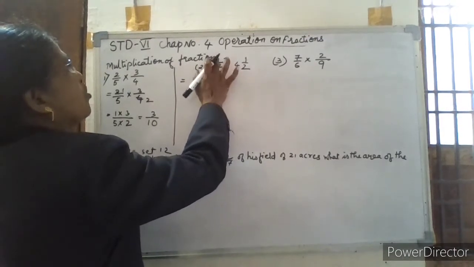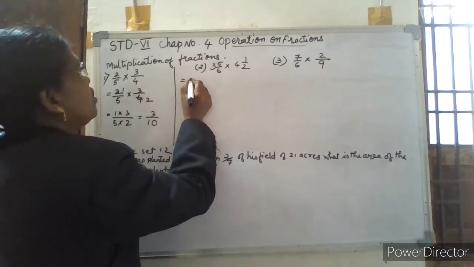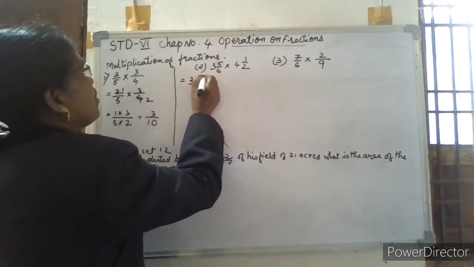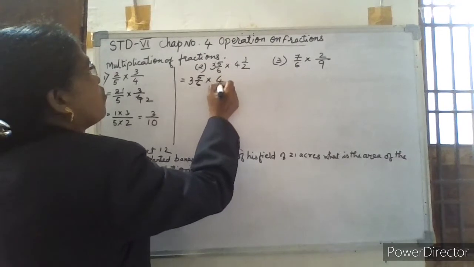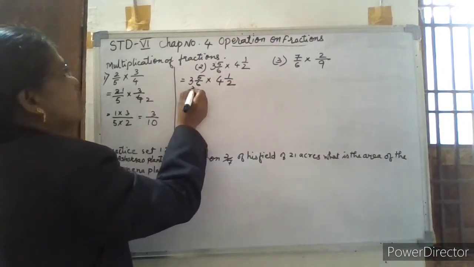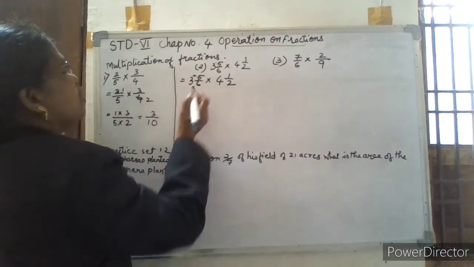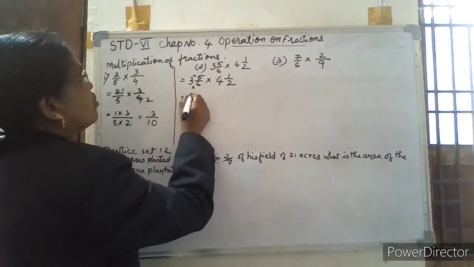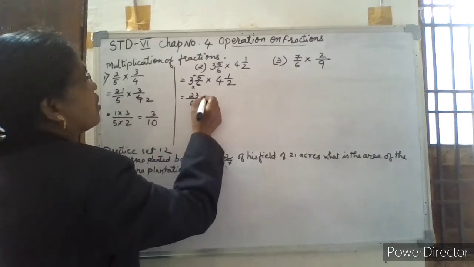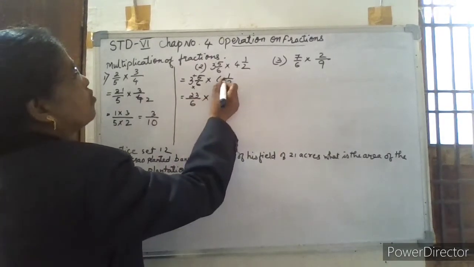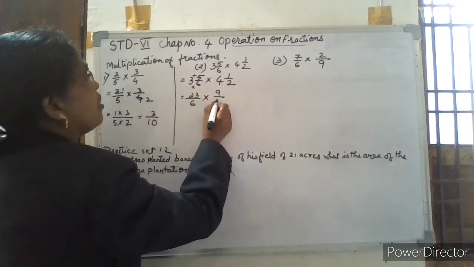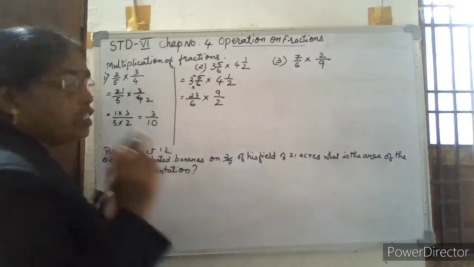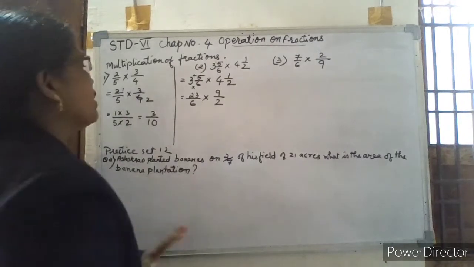It is 3 5 by 6 multiplied by 4 1 by 2. 3 6s are 18. 18 plus 5 is 23. 23 by 6 I get. Multiply by 4 2s are 8 plus 1 is 9. 9 by 2. Now see 6 and 9 are the multiples of 3, so I can cancel it. And 23 and 2 I cannot cancel.